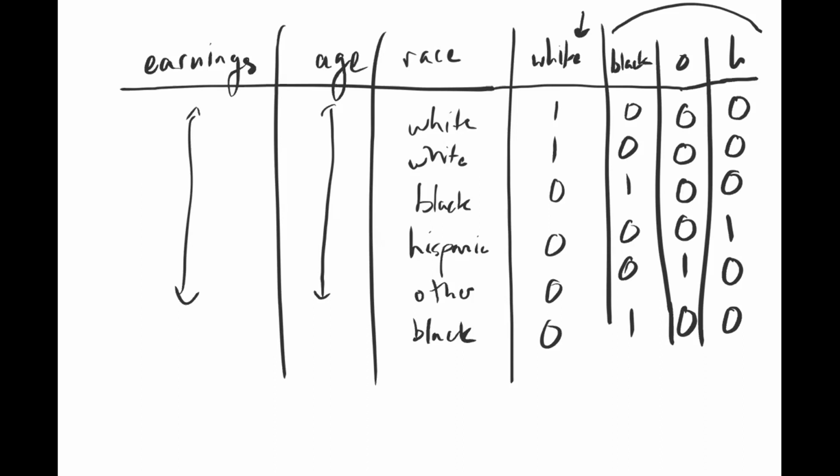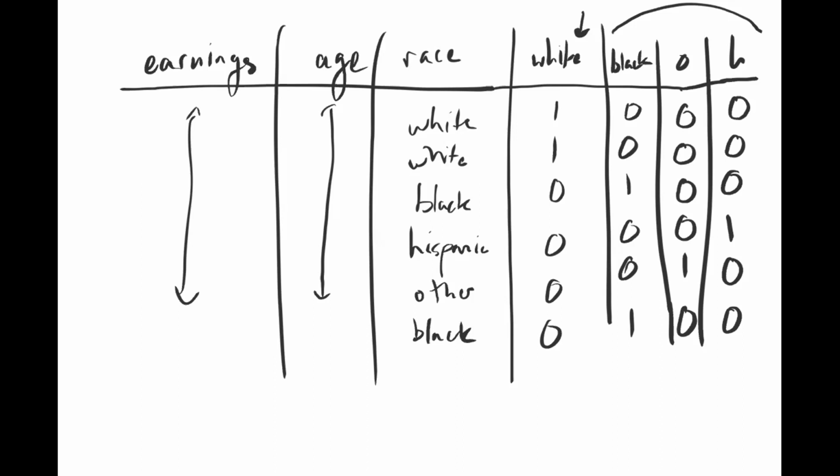The reason is that you'll end up having what's called a singular matrix if you include all of them, so you have too many degrees of freedom and you'd perfectly explain all of the variation within your race.